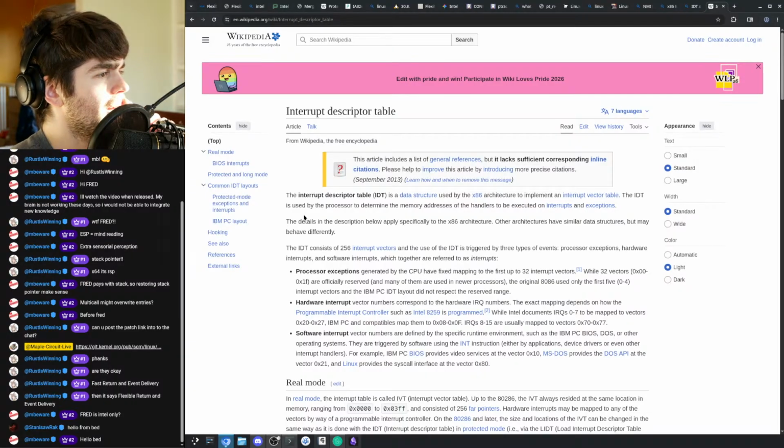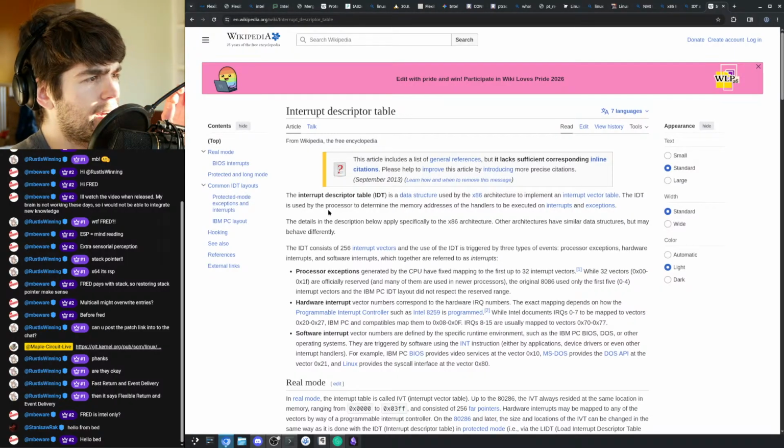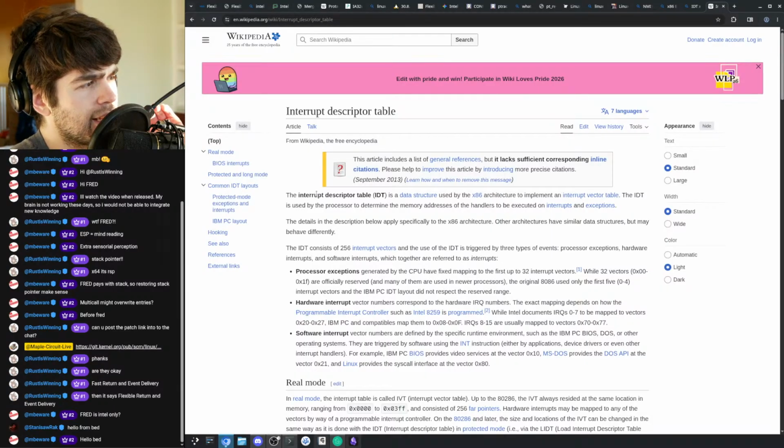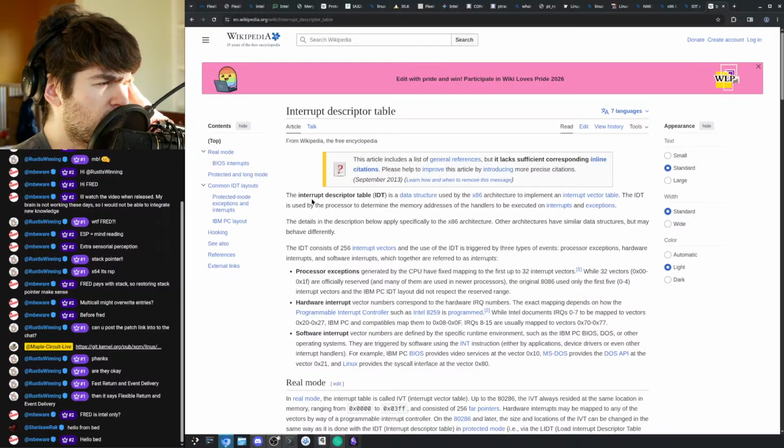The details in the description below apply specifically to the x86 architecture. Other architectures have similar data structures, but may behave differently. The IDT consists of 256 interrupt vectors, and the use of the IDT is triggered by 3 types of event: processor exception, hardware interrupt, and software interrupt, which together are referred to as interrupts. Cool.